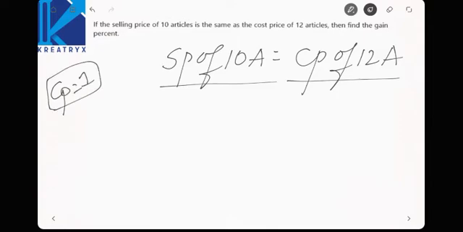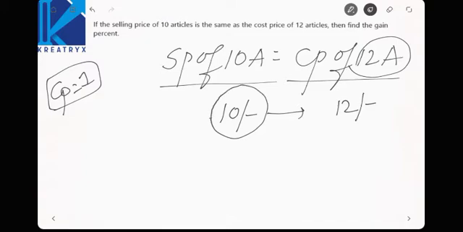Now see here, selling price of 10 articles is equal to 12 articles. Now 10 articles cost you 10 rupees and you sold it for how many rupees? 12 articles cost you 12 rupees. Now see here, your investment is 10 rupees, your sale is 12 rupees. Now you gained how much? 2 rupees out of 10 rupees.